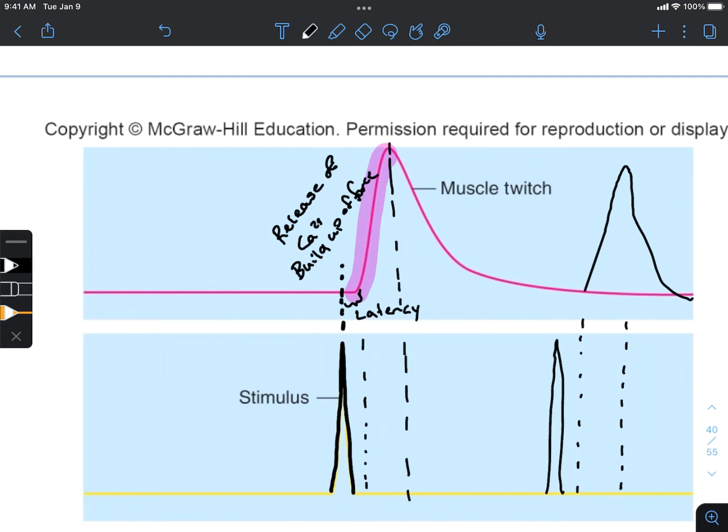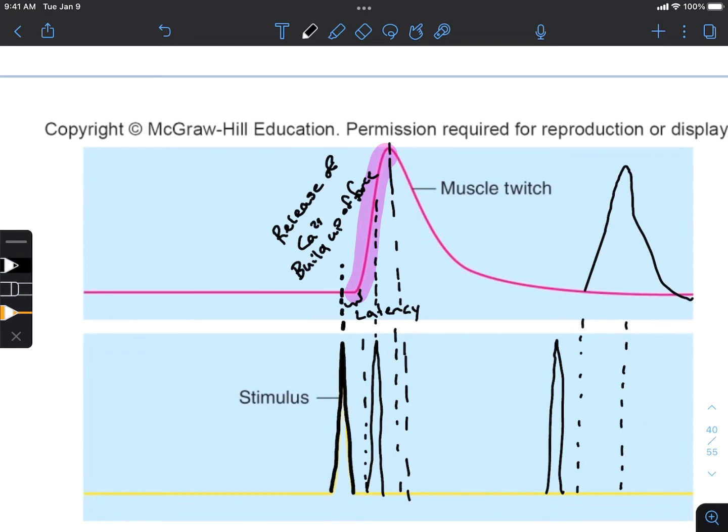But what if instead we get an action potential right here? That action potential would hit, let's follow this up, before the muscle has begun to relax. And so if we allow for a latency phase, you'll see that the latency occurs even before the peak.